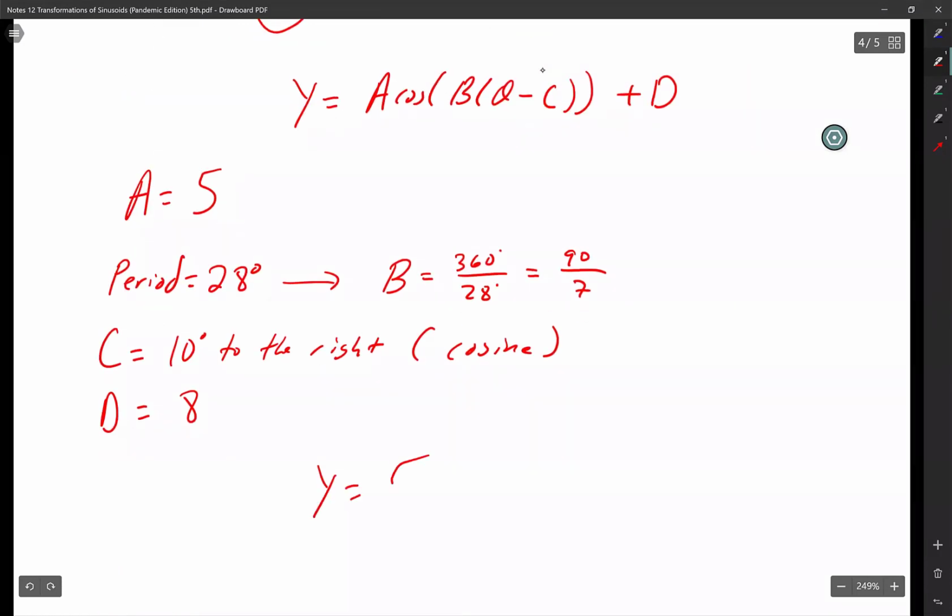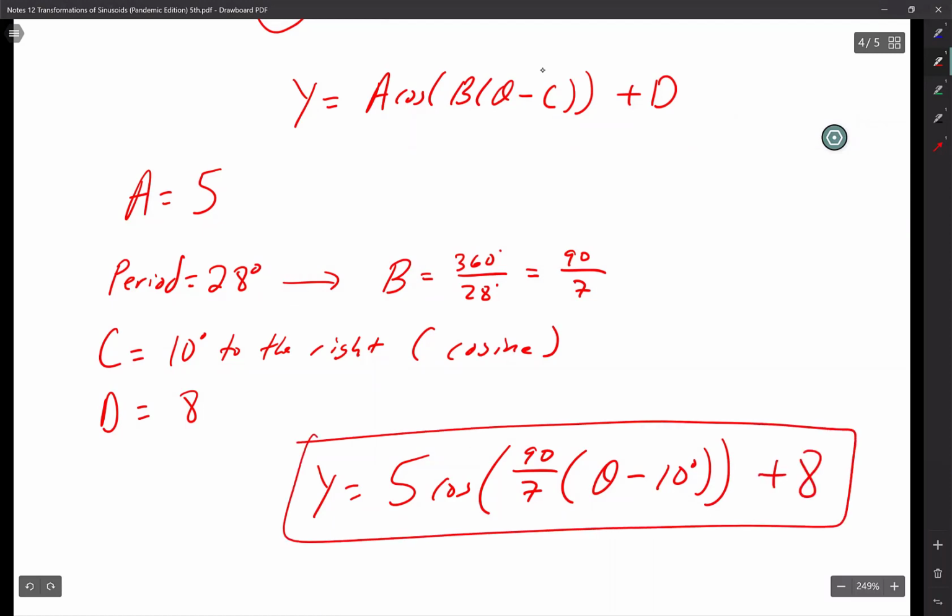Y equals 5 cosine 90 over 7, parenthesis, theta minus 28 degrees. Erase the 28, put the 10. 10 degrees, close, close, plus 8. We won't count it wrong if you write x, but let's try to be proper here.